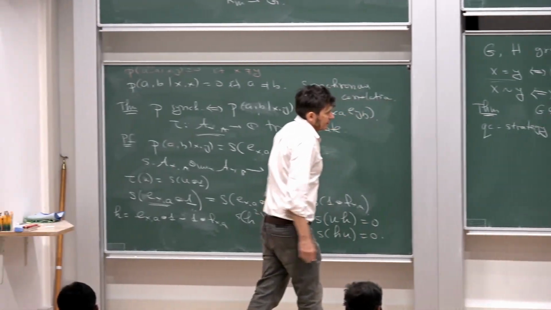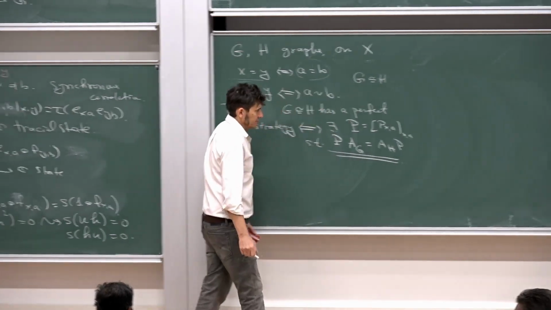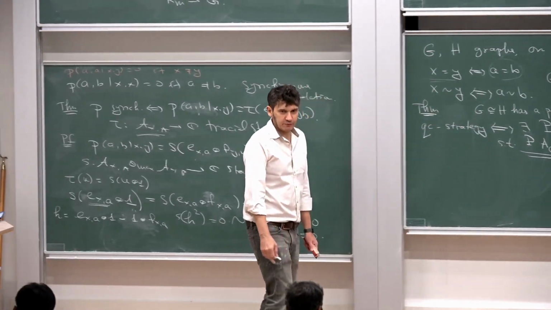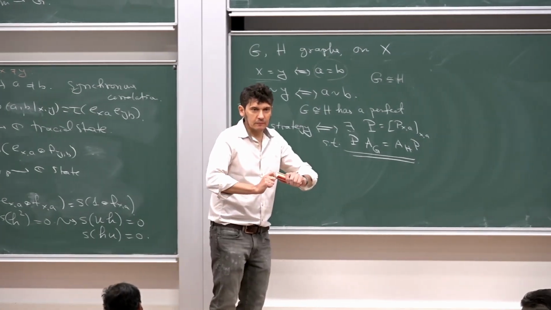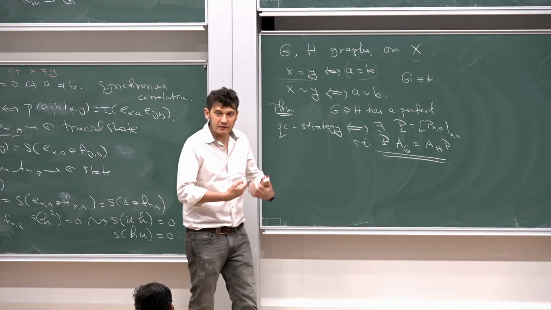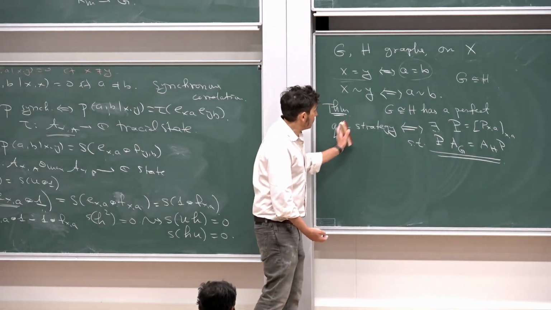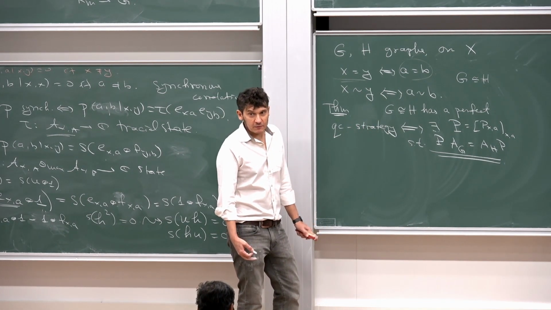So this is the condition that gives you quantum isomorphism of the two graphs in the sense of quantum groups, going through the algebraic operator machinery directly from quantum groups. It turns out that it's the same as this operational interpretation of isomorphisms between the graphs.